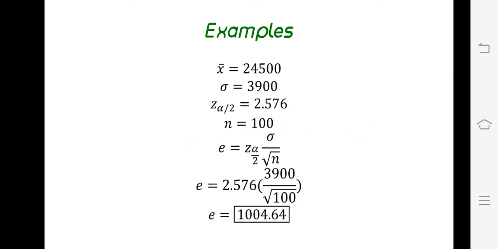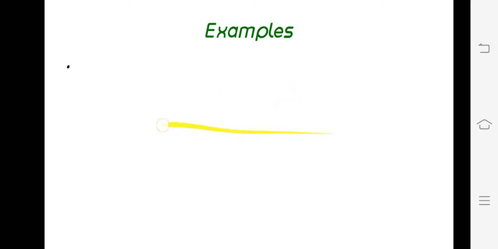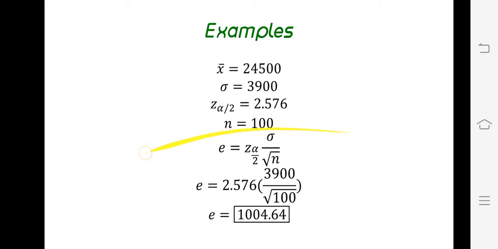So let us just say x bar is 24,500, sigma is 3,900, the z value is 2.576, and the sample size is 100. Why is it 2.576? Because the level of confidence here is 99%.